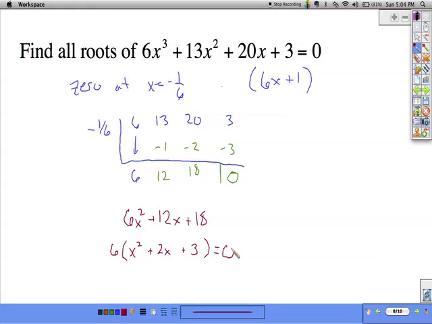I'm trying to find all the roots. I want to know what makes this quadratic equal to 0. X squared plus 2x plus 3. Gosh, it'd be nice if that factors, but it doesn't. So we use the quadratic formula, or what I would probably use here would be completing the square.